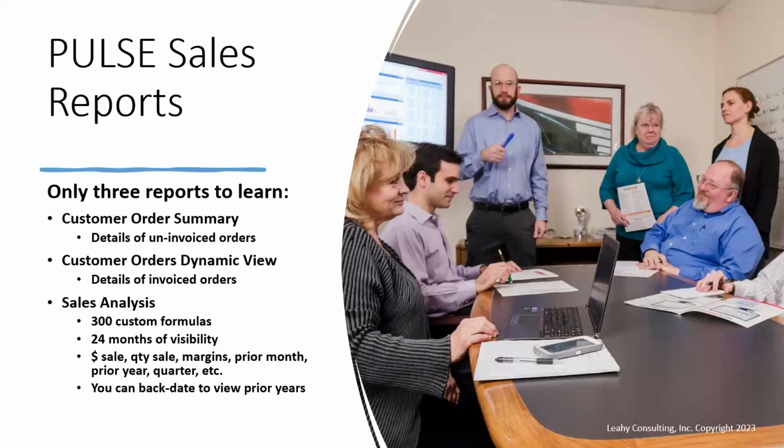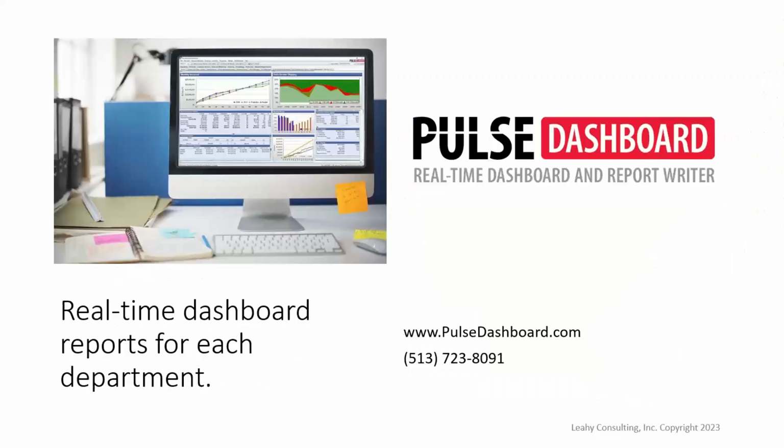And as an additional bonus, there may be a need to go back beyond the 24 months of visibility that we have. So you can turn the clock back in dashboard. You can turn the date back and look at prior years. So for example, if you wanted to turn it back to 2020 and date it December 31st, 2020, you could look at all of 20 and all of 19. So we'll take a look more about that in a minute.